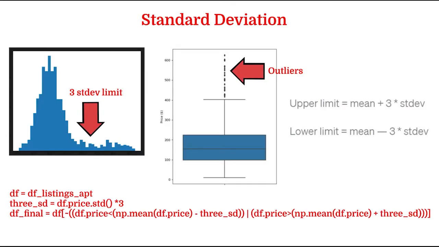The next outlier detection method I'm going to discuss is the standard deviation method. It is very similar to the IQR procedure that I discussed before. Depending on the set limit, either at 2 times standard deviation or 3 times standard deviation, we can detect and remove outliers from our dataset.